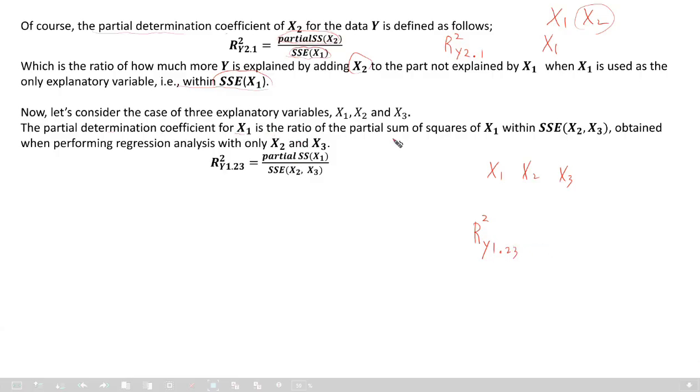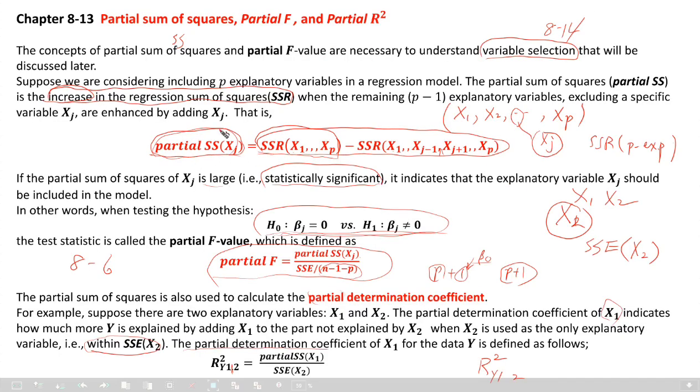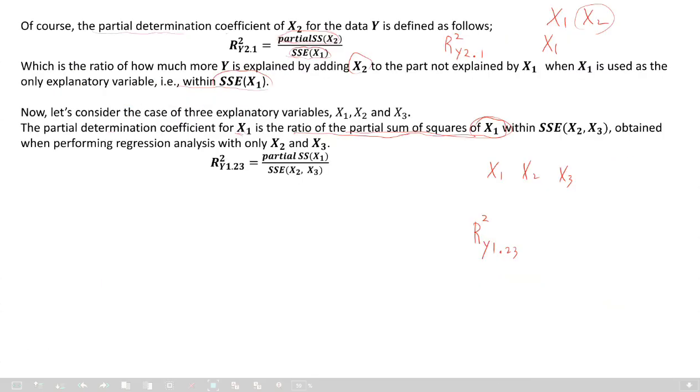Okay, the partial determination coefficient for x1 is the ratio of the partial sum of square of x1, the increase amount of sum of square, to the residual sum of square, this one, okay, SSE x2, x3, obtained when performing regression analysis with only x2 and x3.